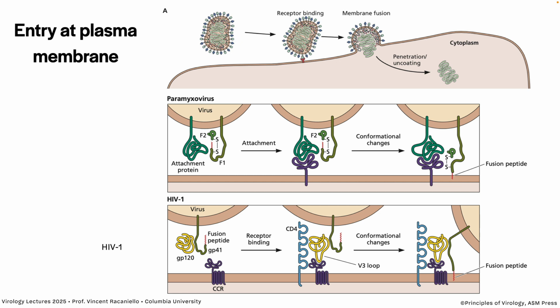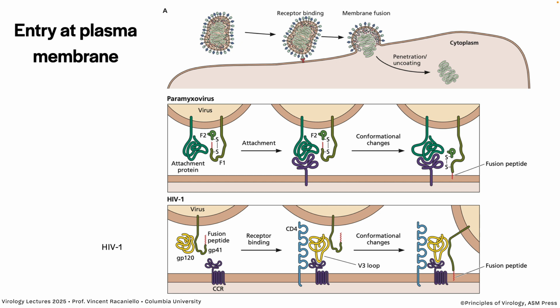Then on the bottom we have HIV-1, where two receptors regulate this activity. So here we have the virus with its glycoprotein GP120 and the fusion peptide. Again, it's hidden, it's bent up towards the virus, so it's not going to be fusing with anything. This GP120 binds first CD4.